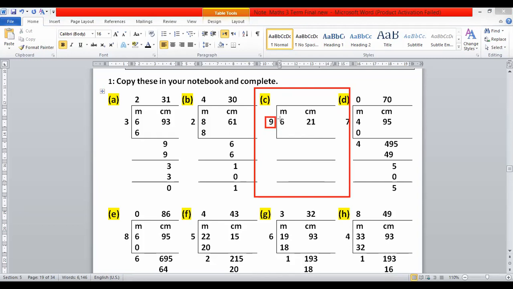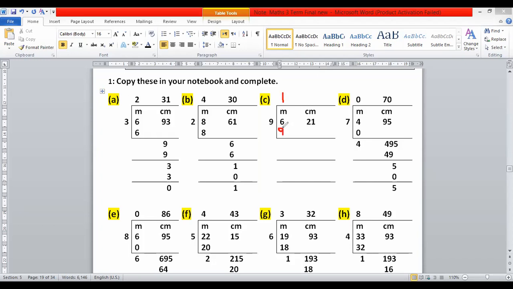Dear students, as per rules, first of all we divide meters by 9. Here we have 6 meters and you have to divide 6 by 9. A very important thing is that when you multiply 9 by 1, you get 9. 9 is greater than 6.